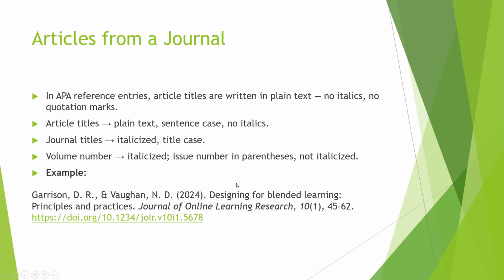The journal title is italicized, and it is all sentence case. You italicize the volume number, but the issue number is not italicized. Then you have the page numbers. If there's a DOI, you want to include the DOI.